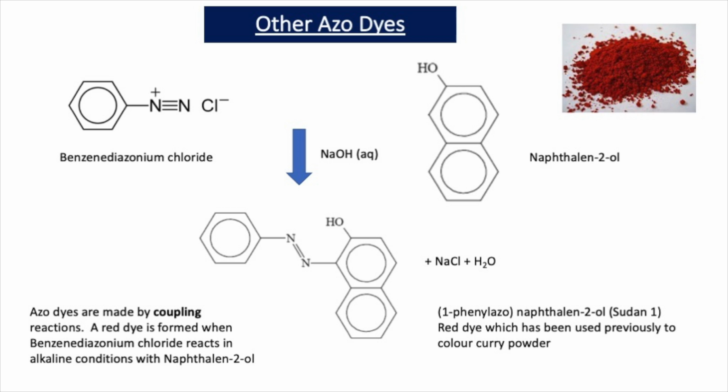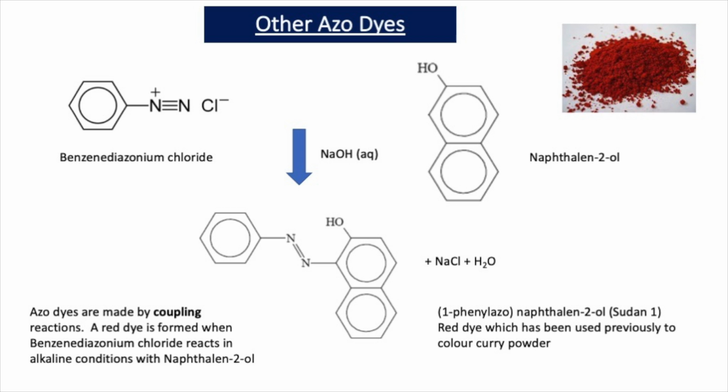Now once again, when benzene diazonium chloride couples with this phenol, naphthalene 2-ol, the triple bond between the nitrogen breaks to form a double bond, and a bond forms between the nitrogen and the naphthalene 2-ol.